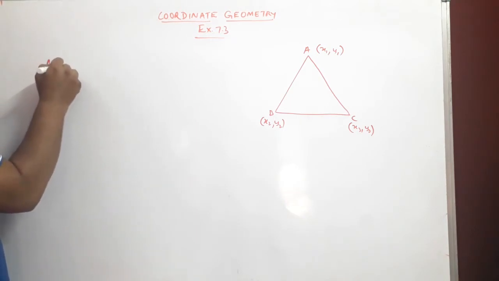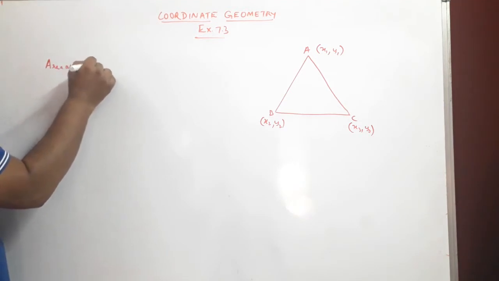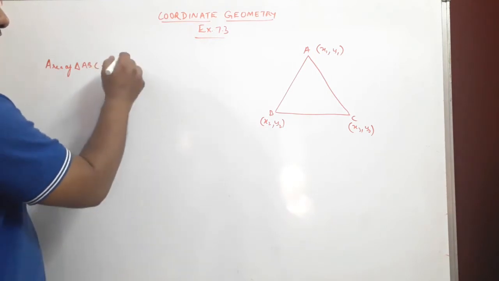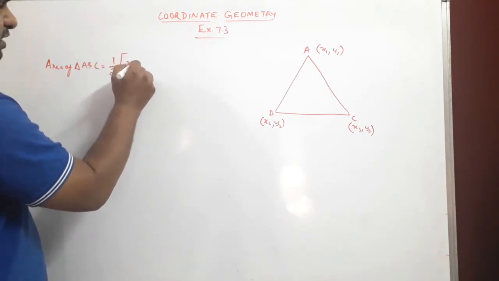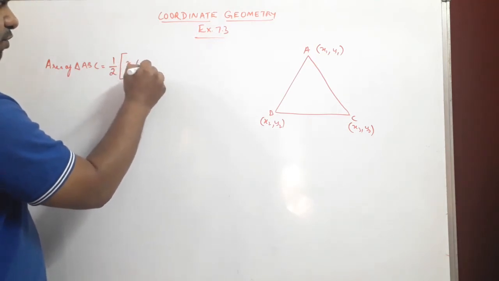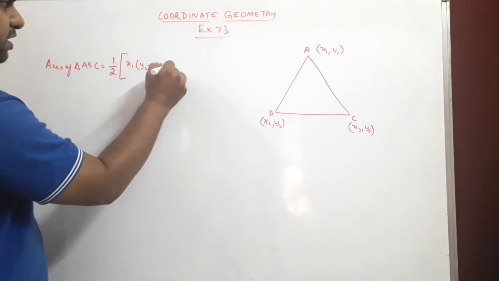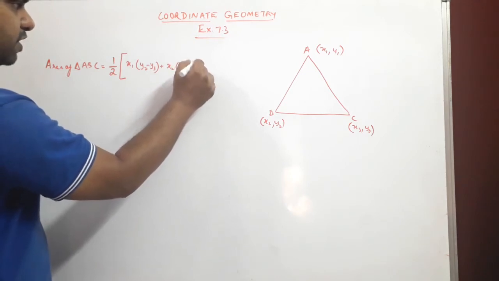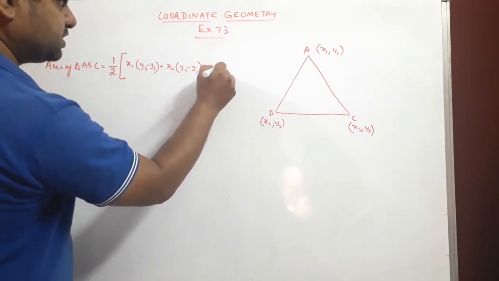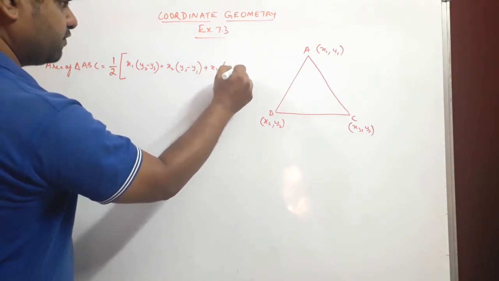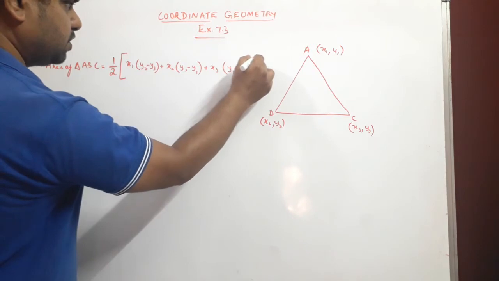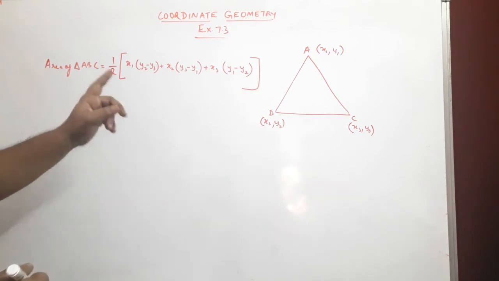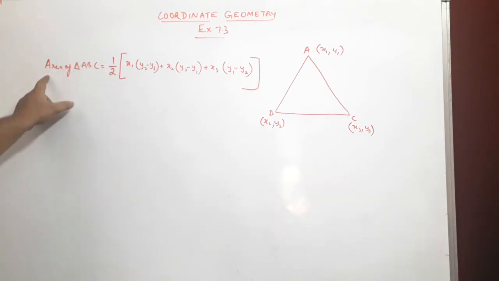So area of triangle ABC is given by half, okay, then we have a bracket, then it will be x1 into y2 minus y3 plus x2 into y3 minus y1 plus x3 into y1 minus y2, close the bracket, okay, and the units of that of course will be square units because we are dealing with area of a triangle.